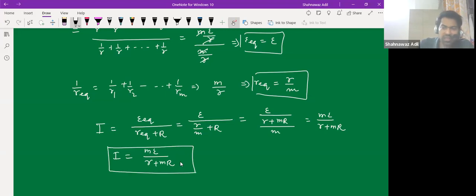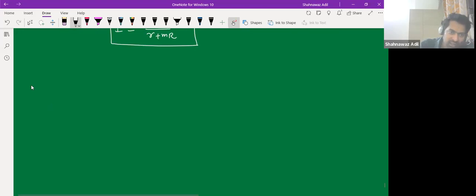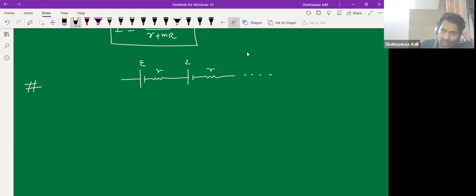Right. And finally, the special case is that you connect cells in series. So you have let's say E, R up to n columns, right?